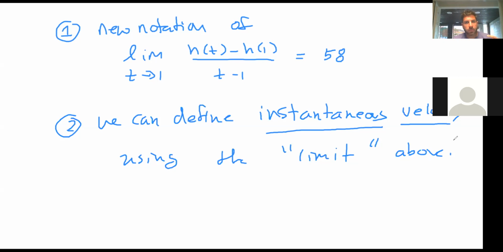This limit is going to be super important because it gives us a means of defining things. The limit is going to be the key to defining velocity. The limit is also going to be the key to defining area. We'll see that later in the semester. Does anybody have a question about this?